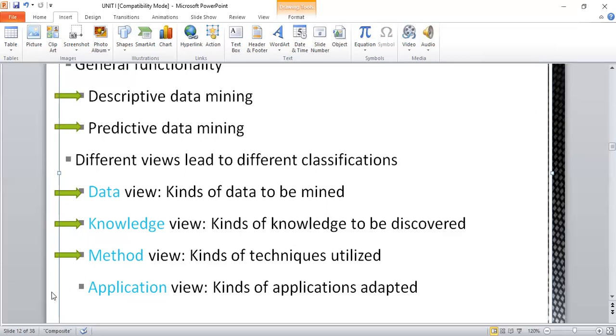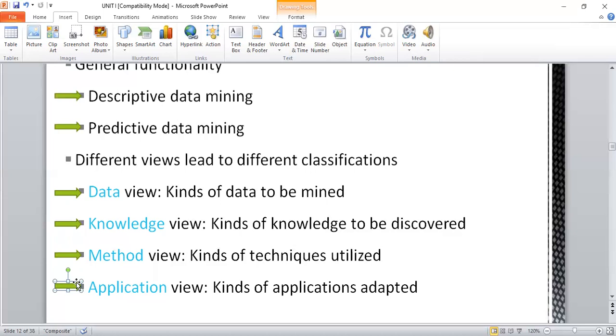Last one is classification according to the application views or application adapted. For instance, data mining systems can be tailored categorically for finance, telecommunications, stock markets, cryptocurrencies, emails. These are different types of applications which we are adapting for data mining techniques.